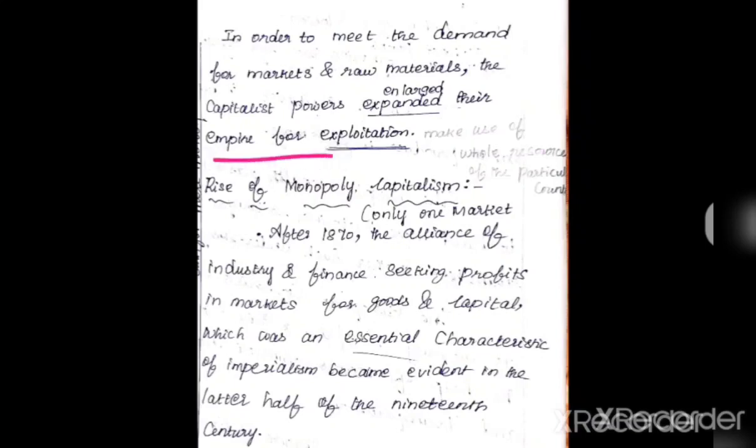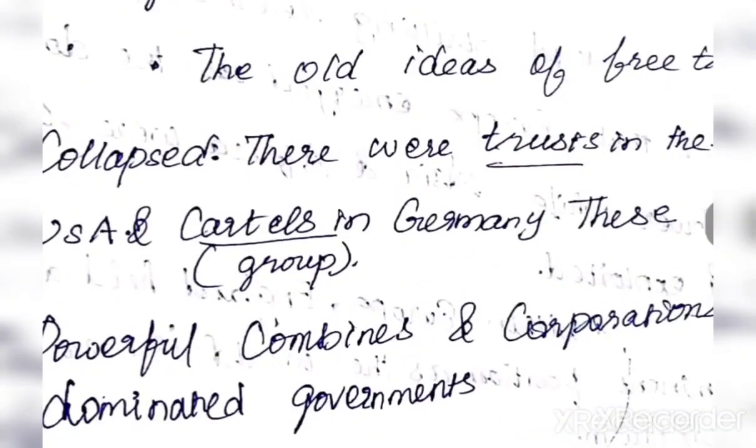What is meant by exploitation, just before I told, what is the meaning? Make use of the whole resources of the particular country. Yes, so regarding monopoly capitalism, just before I said there was only one market. Regarding trusts as well as cartels also, I told you, a trust is an industrial organization.